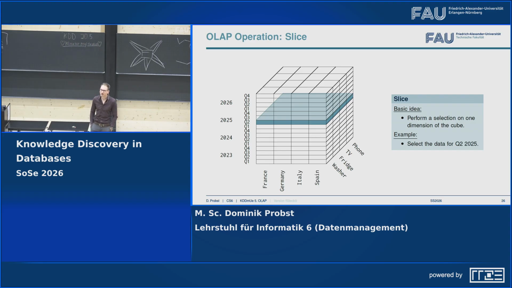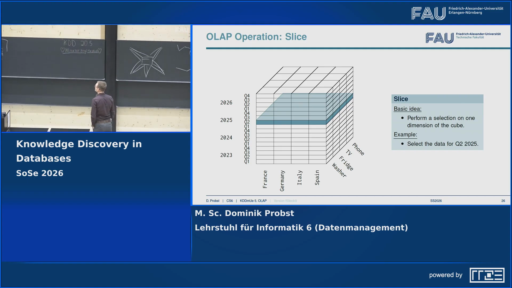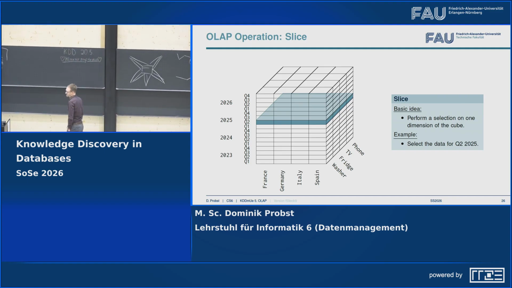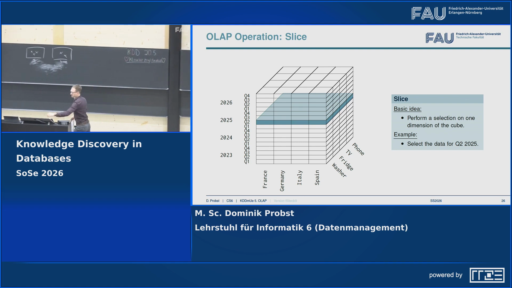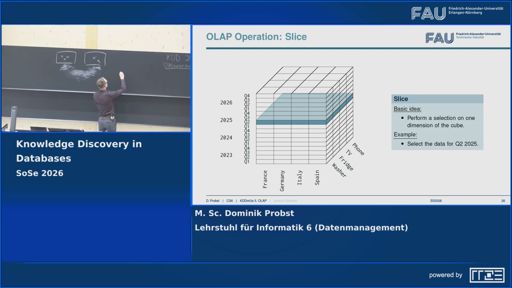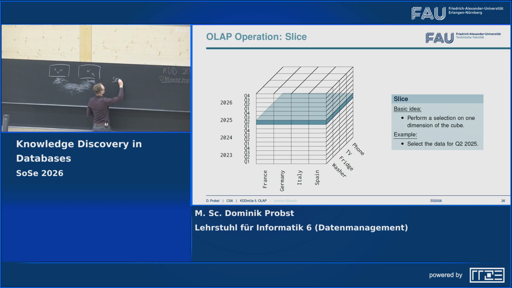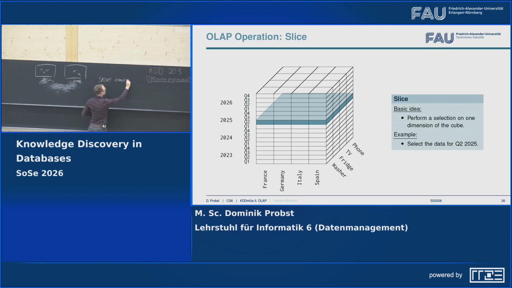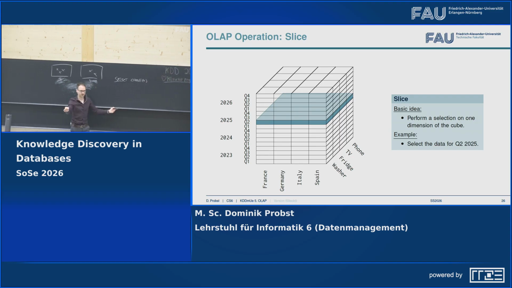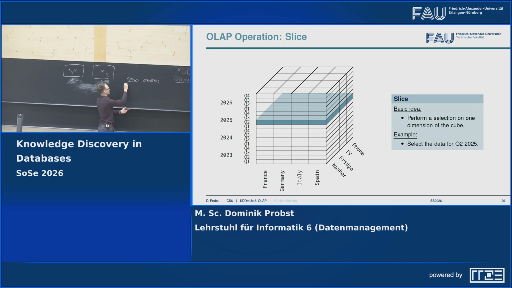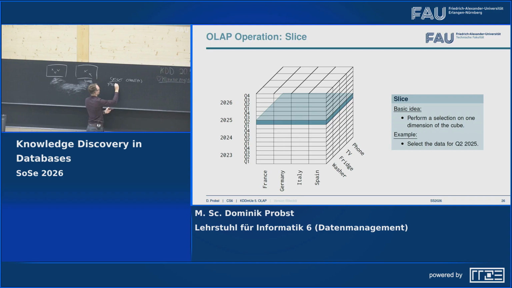So in a SQL query, you would say, select maybe count of all things to have some aggregation. From, let's say we have a star schema at hand.